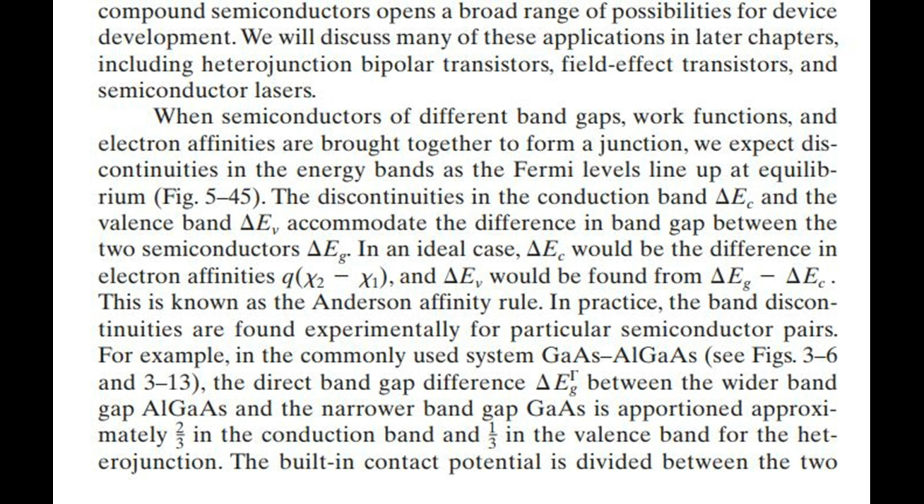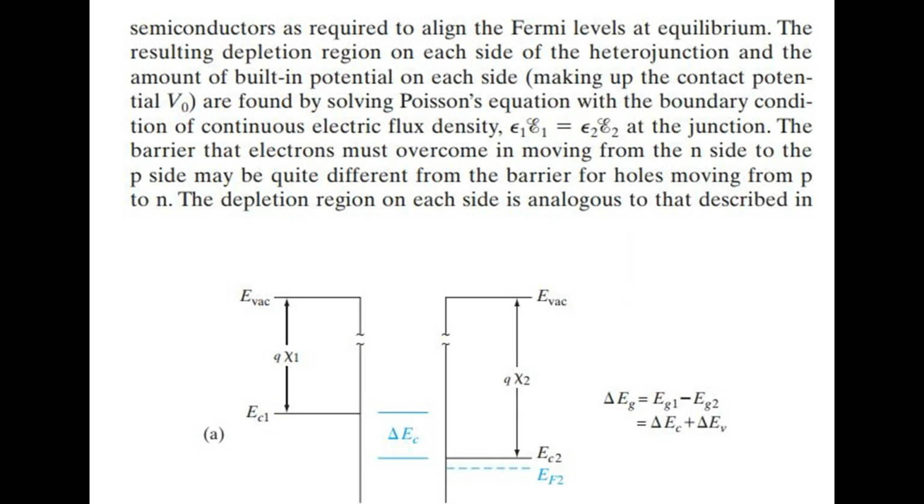The built-in contact potential is divided between the two semiconductors as required to align the Fermi levels at equilibrium. The resulting depletion region on each side of the heterojunction and the amount of built-in potential on each side, making up the contact potential V0, are found by solving Poisson's equation with the boundary condition of continuous electric flux density, ε1E1 equal to ε2E2, at the junction.